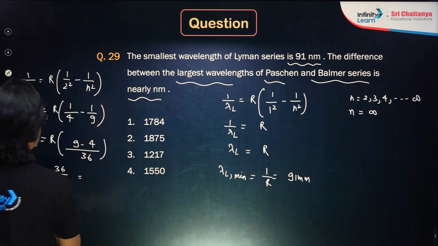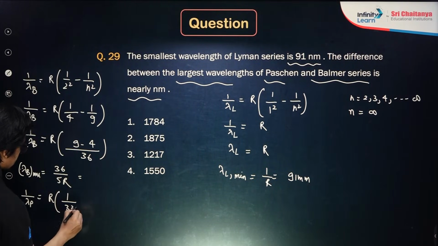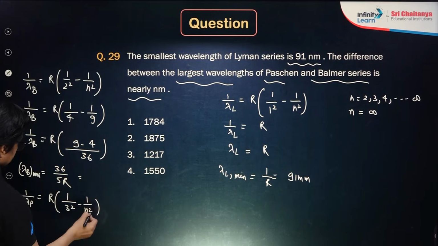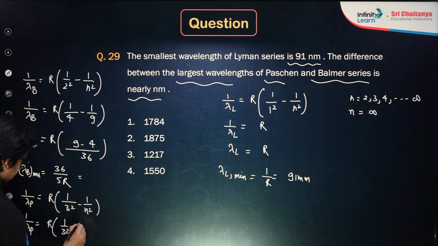Now you can calculate for the Pascal one. For Pascal, 1 by lambda P is equal to R into 1 by 3 square minus 1 by n, where n is 4 for the maximum wavelength of the Pascal series, so 1 by 3 square minus 1 by 4 square.